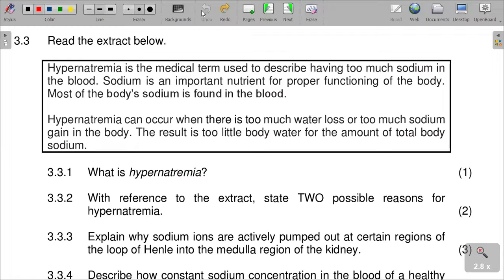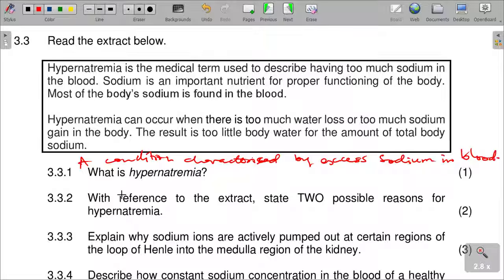It is a condition characterized by excess sodium in the blood.